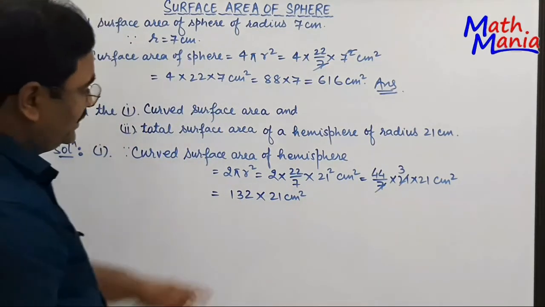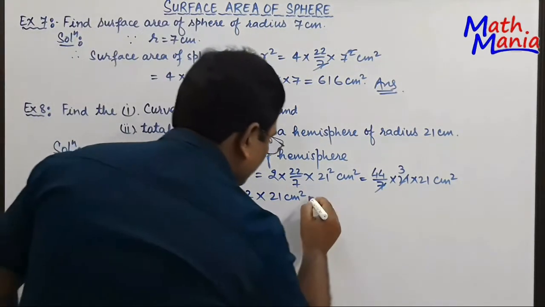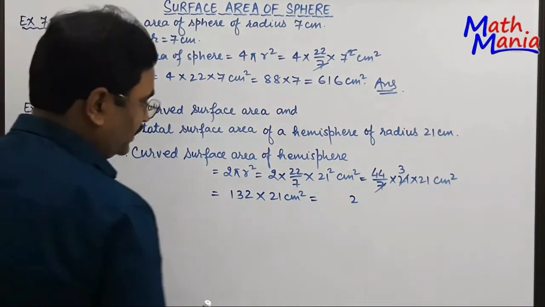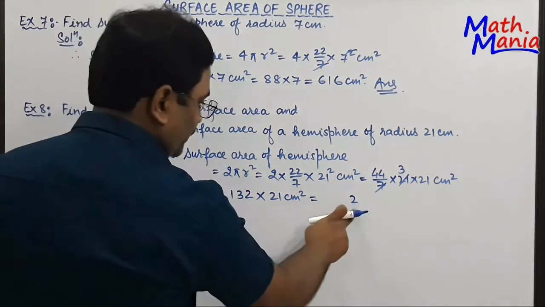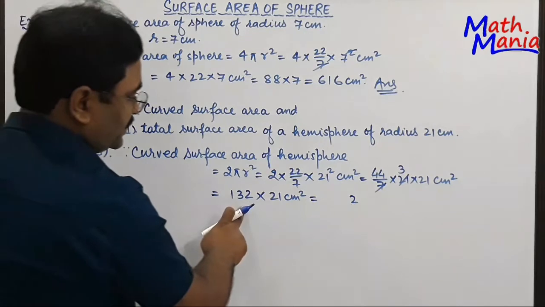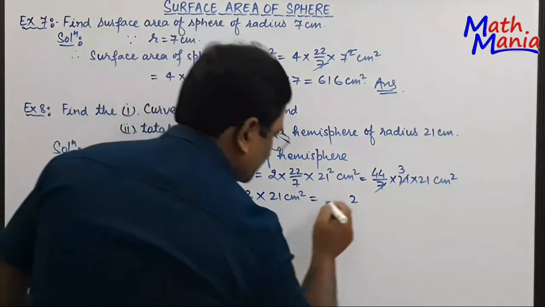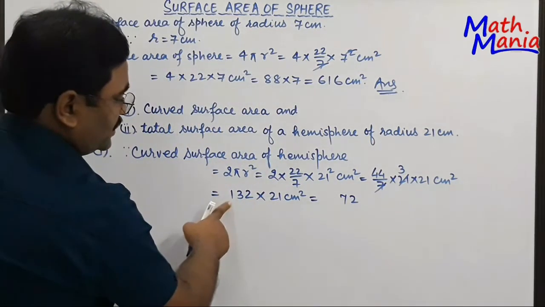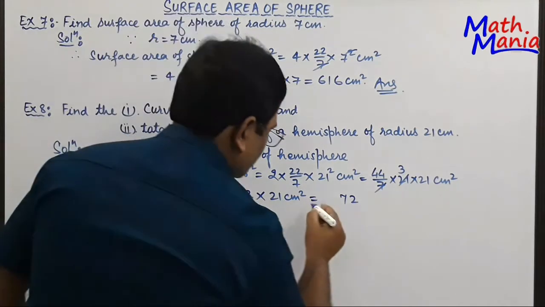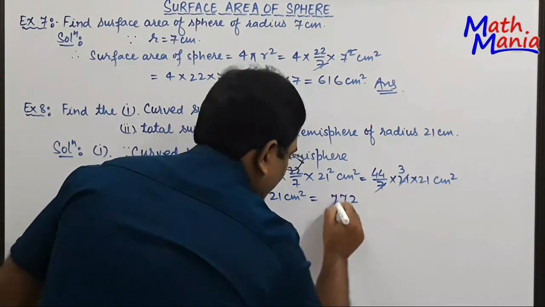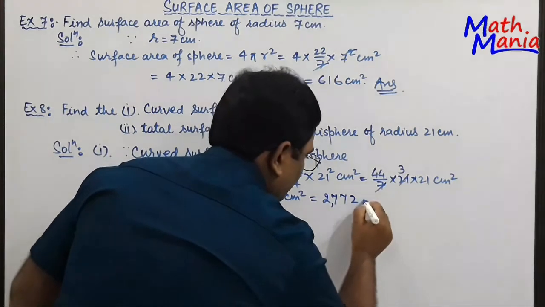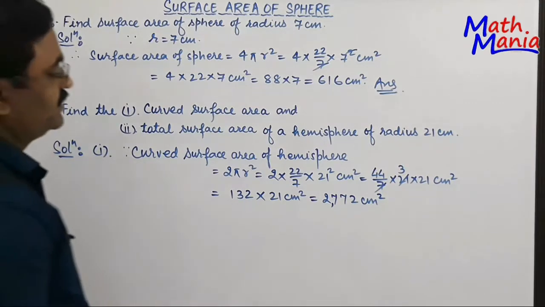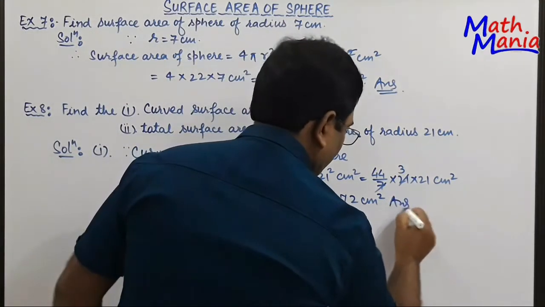So let's multiply it. 21 2s are 42, carry 2, 21 3s are 63, 21 2s are 42, carry 4, 21 3s are 63 plus 4 is 67, carry 6, 21 1s are 21 plus 6 is equal to 27. So we got 2772 centimeter square is the curved surface area of this hemisphere.